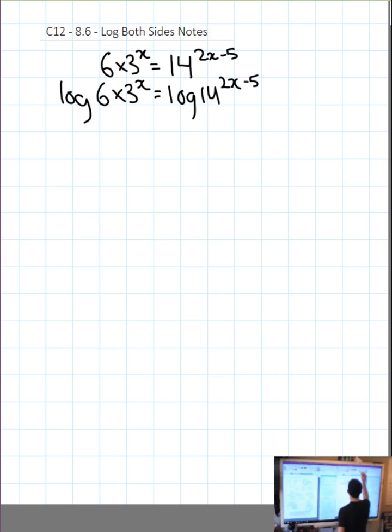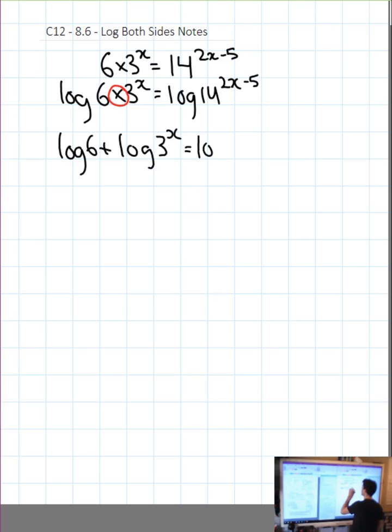Now on the left-hand side, we have a multiplication, which means I have to separate it into an addition. So we have log 6 plus log 3 to the x equals log 14 to the 2x minus 5. Now I'm allowed to bring my exponents down in front, because before I wasn't.